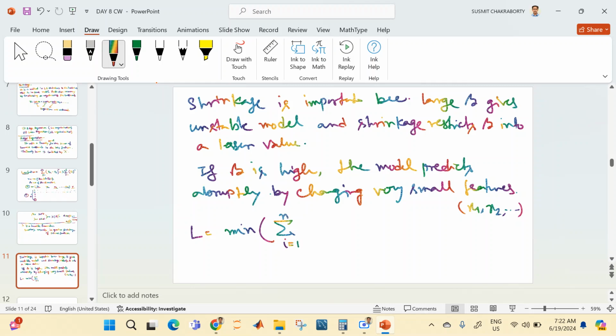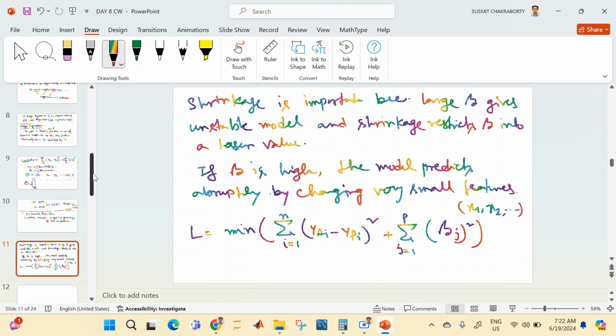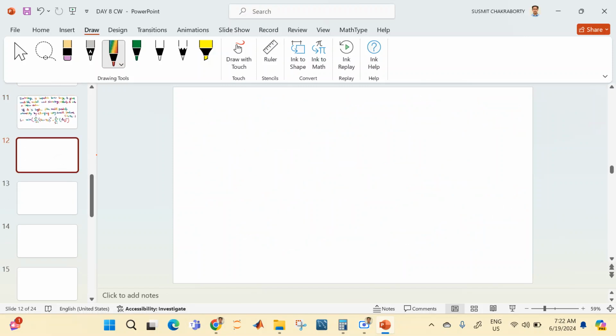Summation of 1 to n, actual minus predicting square, plus summation of j equals 1 to p, or you can write i equals, no problem. So this is our objective. So minimize this loss function. To minimize this loss function, you have to follow the following steps.